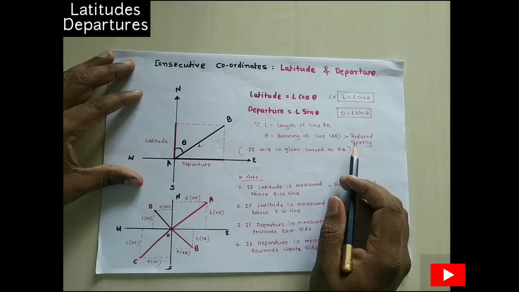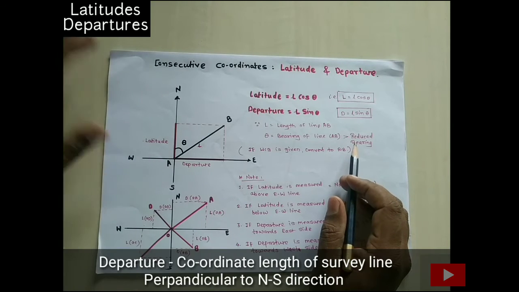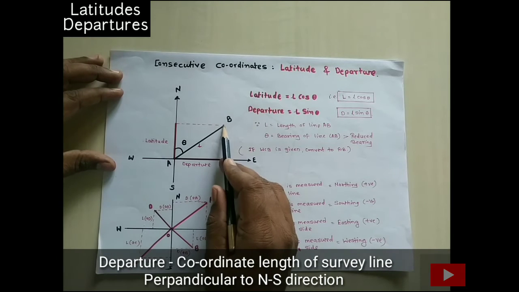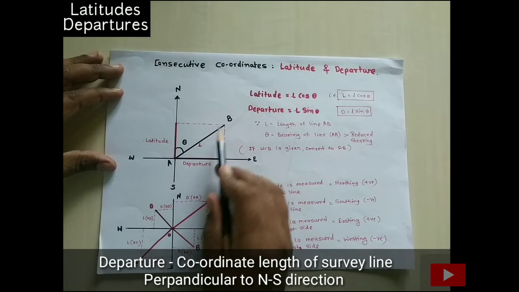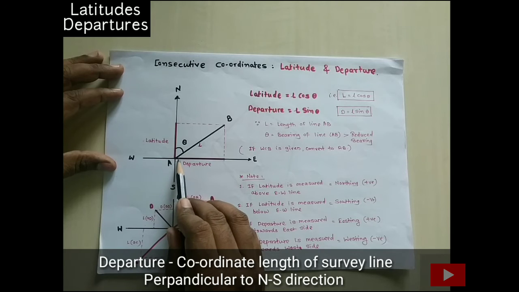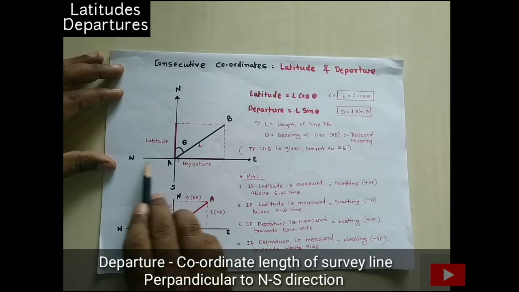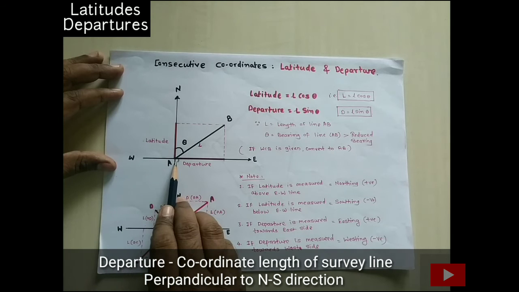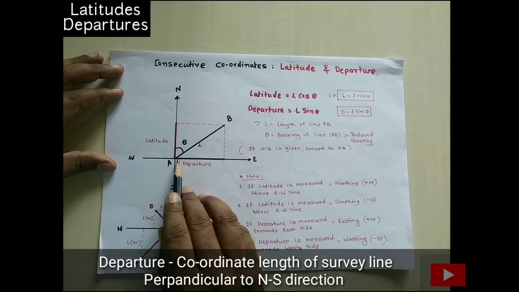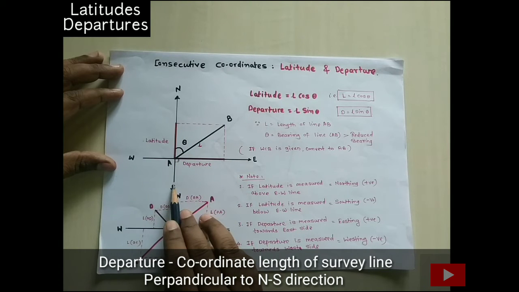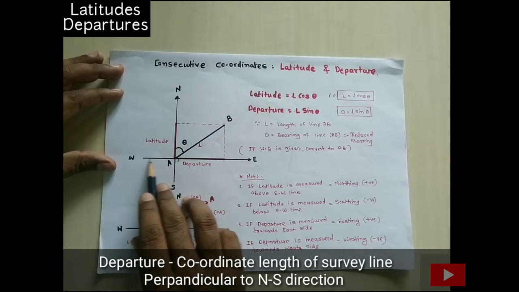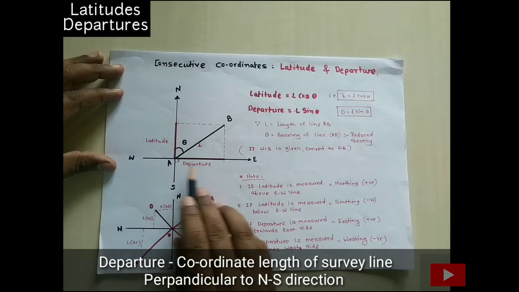Now what is the meaning of departure? It is simple. The coordinate length of survey line AB perpendicular to the reference meridian or parallel to the east west side. Remember this thing, that term is known as departure.